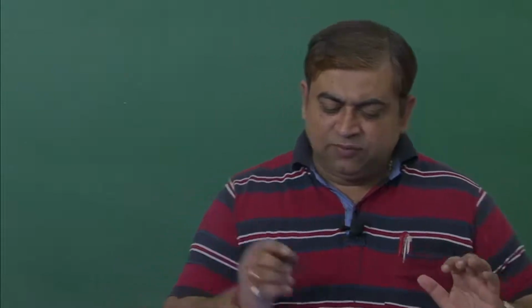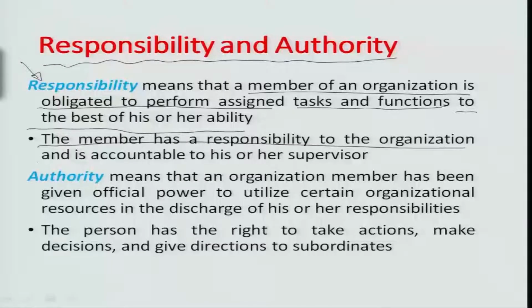The member has of course a responsibility to the organization. He is accountable to his or her supervisor. So, that is definitely where the information comes top down. If there is a non-compliance which is being felt, one has to listen to the person that is authorized to give instructions to the concerned person. He has to believe.